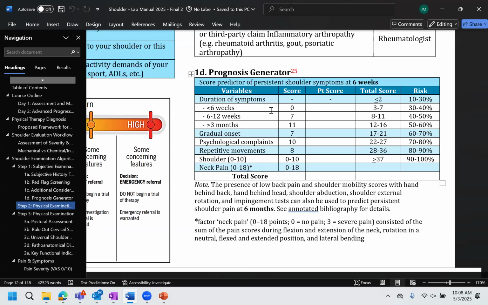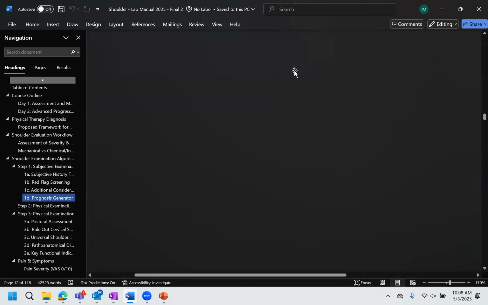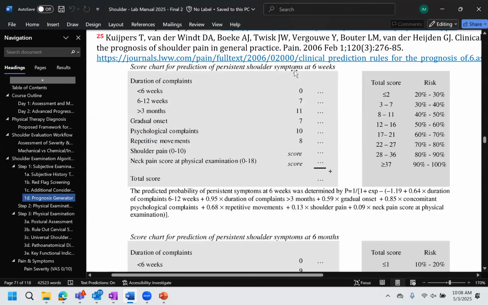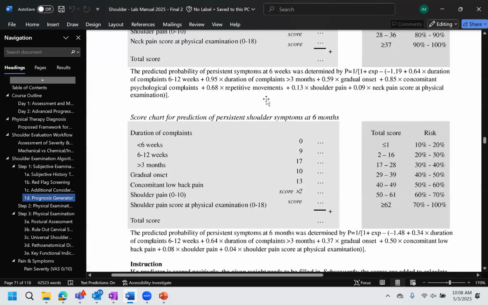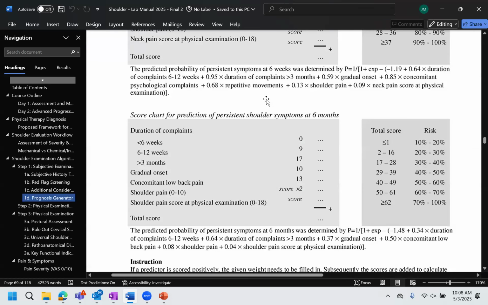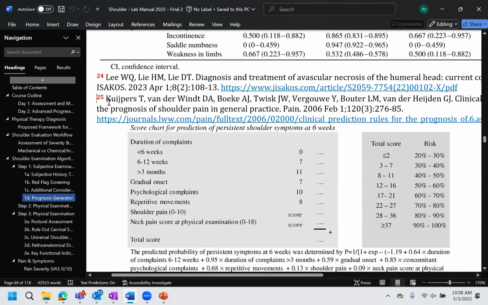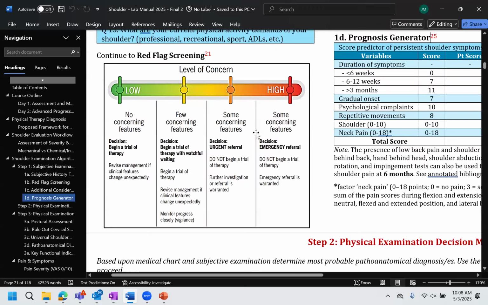Shoulder pain and stratification, again, the neck pain in the shoulder 0 to 10 and 0 to 18 usually require a little bit of further breakdown. But again, if you just click on the little 25, it will give you what that looks like and how to actually properly stratify it, and the risk of having pain over 6 or 12 weeks beyond how they actually present.